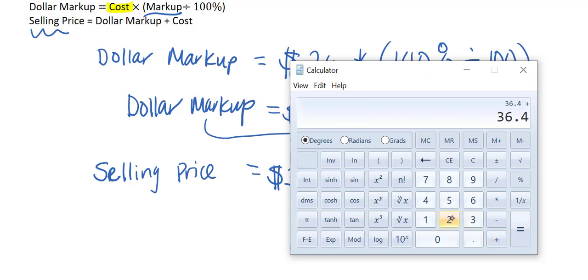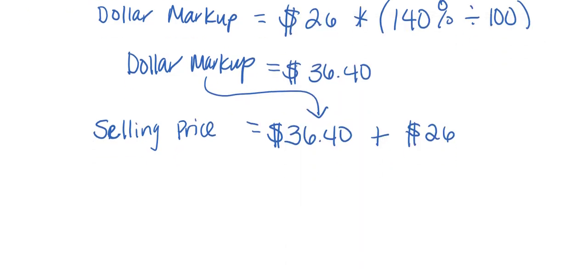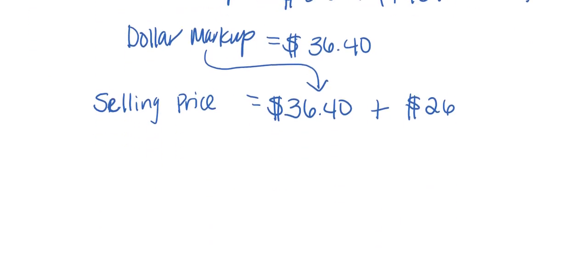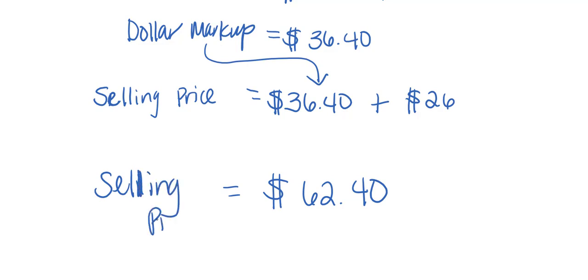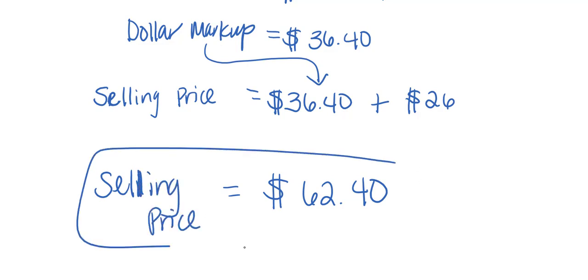So plus 26, and what do we get? Well, we get $62.40. And that is our selling price.